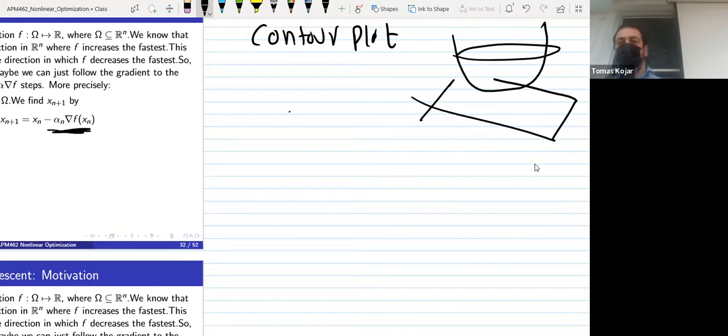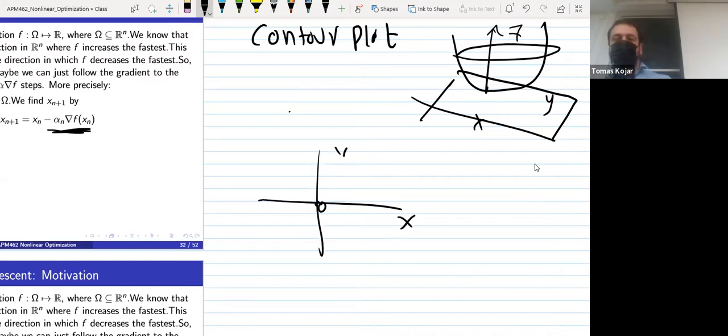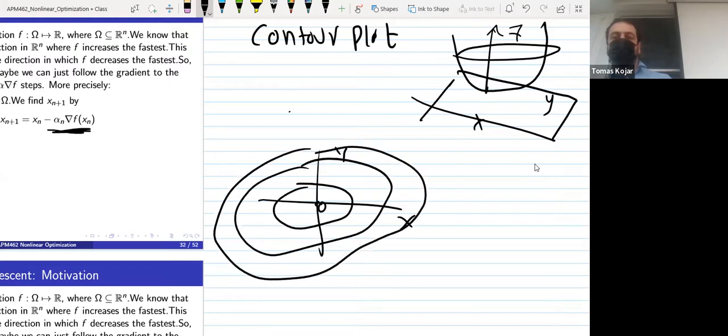When you push it down and look from z, you get a bunch of circles. This is the origin, this is x, this is y. These are the level sets of the function: f is 1, f is a half, f is 1/4, whatever. Is that okay?